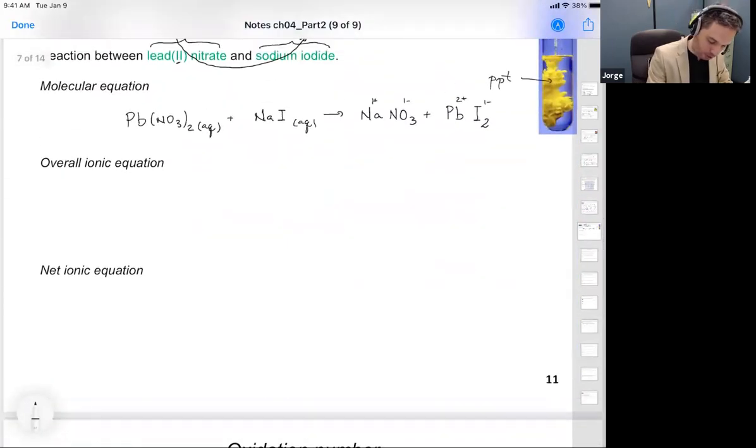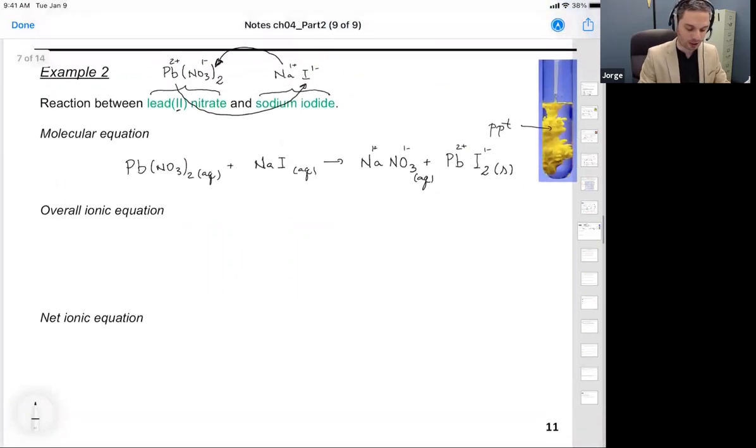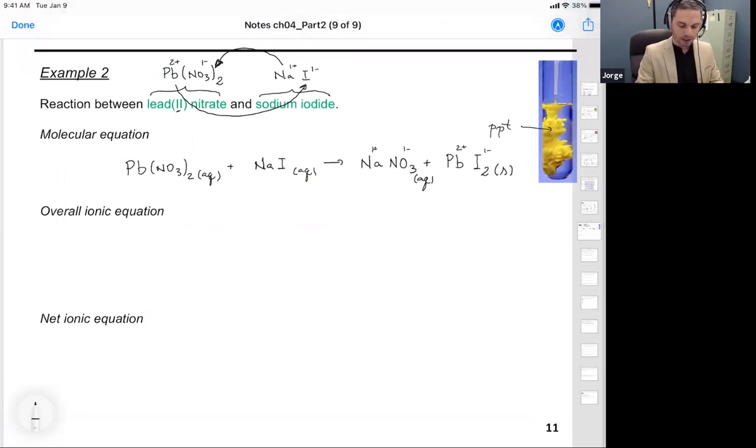Therefore, we know that we have a solid here or a precipitate, and for sodium nitrate that still is dissolved in water, is aqueous. Okay? So that's the identity of your yellow precipitate, is lead iodide.